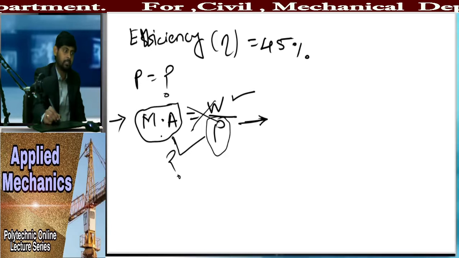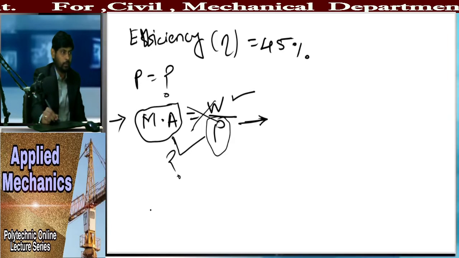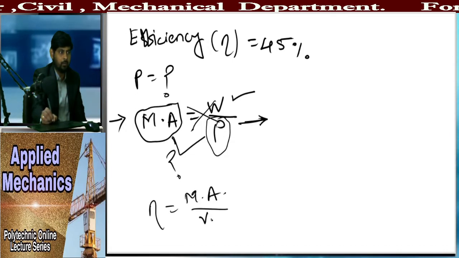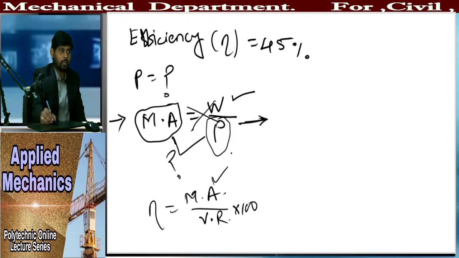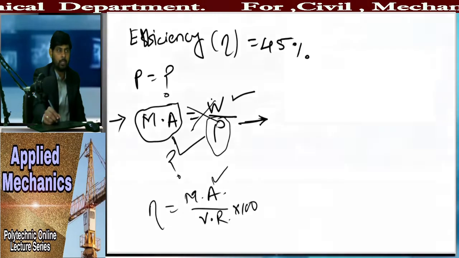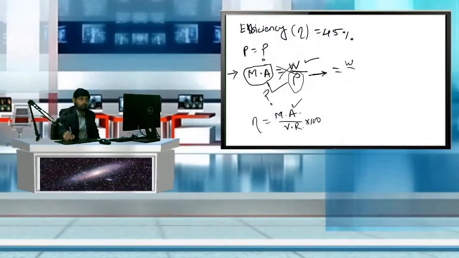Then the second thing we can do is take efficiency equal to mechanical advantage divided by velocity ratio into 100. We don't know the value of mechanical advantage, but we can take this term in the W upon P form.